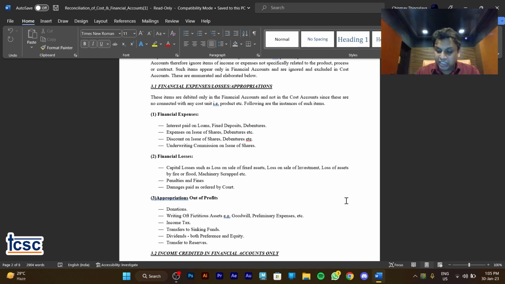Why? Because these items, means finance expenses, are not part of the cost sheet. Another reason we got for the deviation is that the finance account records finance expenses, but the cost account doesn't record any finance expenses, and because of these two, the profit shown by them has to be different.